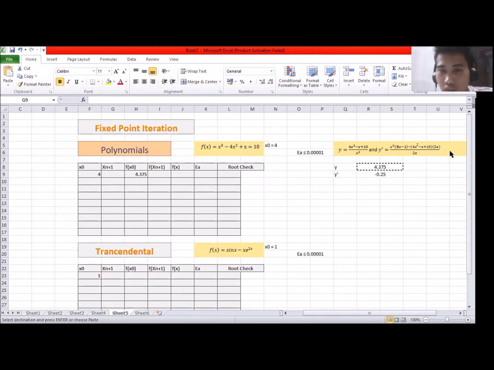So polynomials, we have a function, for example f(x) equals x cubed minus 4x squared plus x minus 10. So we have that kind of function. Then let's move on to x equals, so to get the particular formula, we need to use x equals 4x squared minus x plus 10.